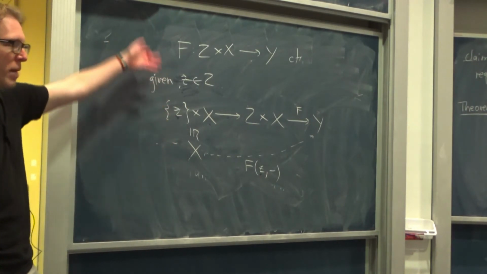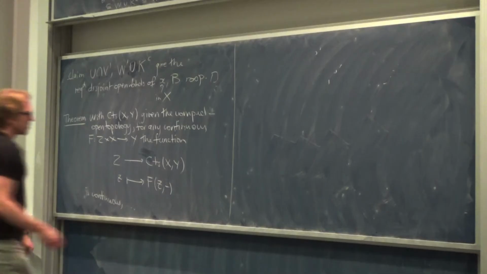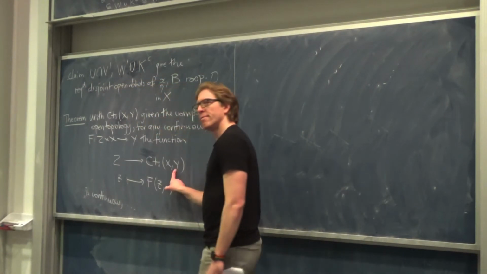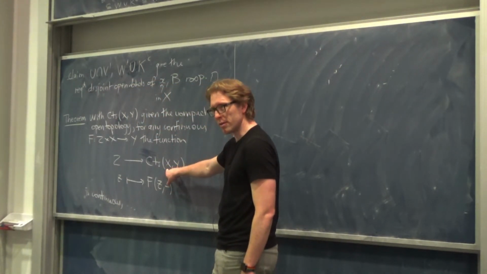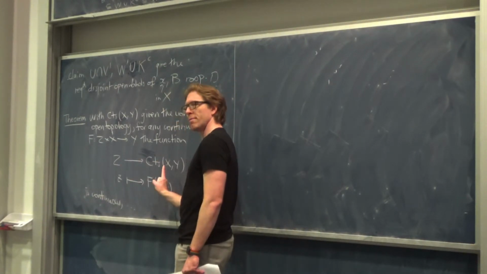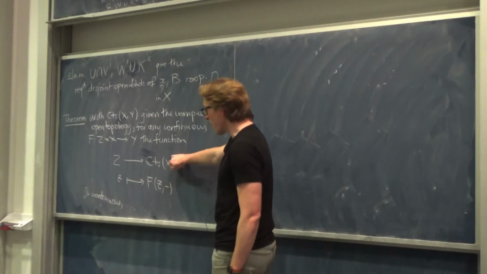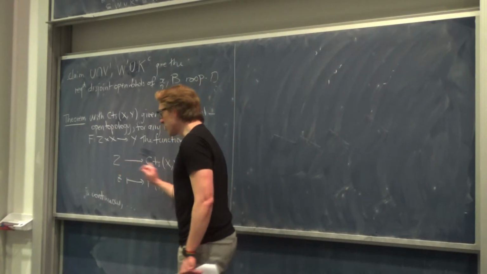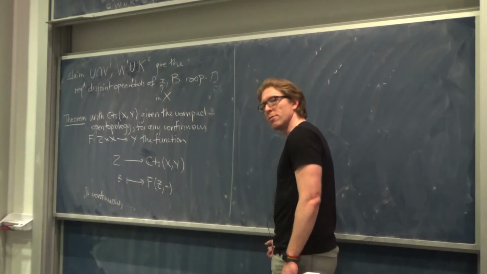That's got nothing to do with the compact open topology. So I'm allowed to write down this map without saying anything about what the topology is, because I'm just taking this as a set and that as a set. The first claim is that if I put the compact open topology on the right-hand side, that function is not just a function, but a continuous function. Okay?